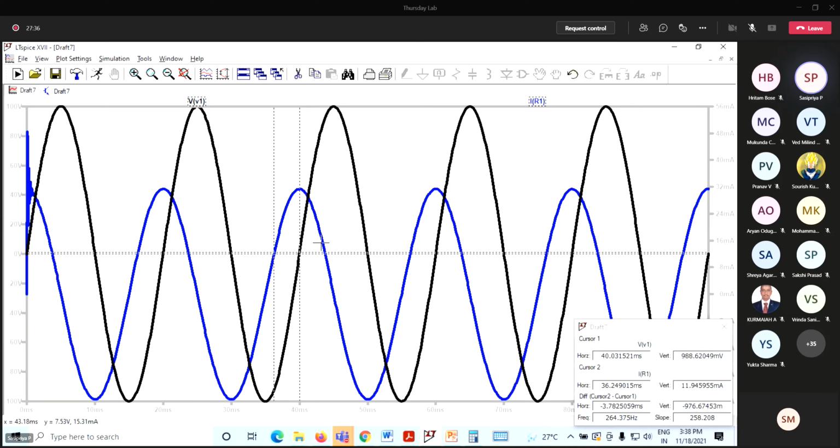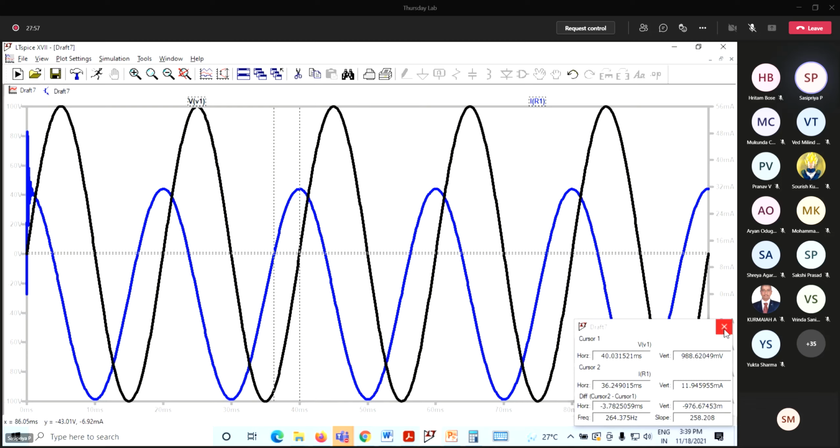Now I got it perfectly. My vertical axis is crossing the 0 point of the current, and this vertical is crossing the black color waveform, that is the voltage waveform.